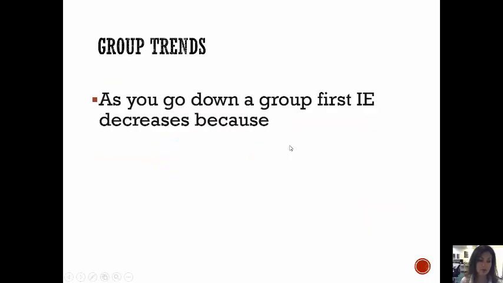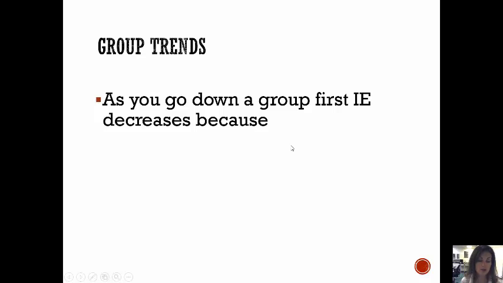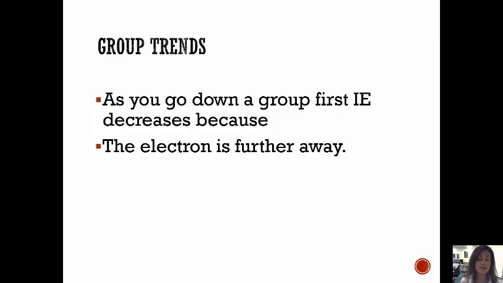So group trends. As you go down a group, the ionization energy decreases. Memorizing just that alone is not enough. This happens because the electrons are further away and they experience more shielding. There are more energy levels in between those valence electrons in the outermost energy level and the nucleus.